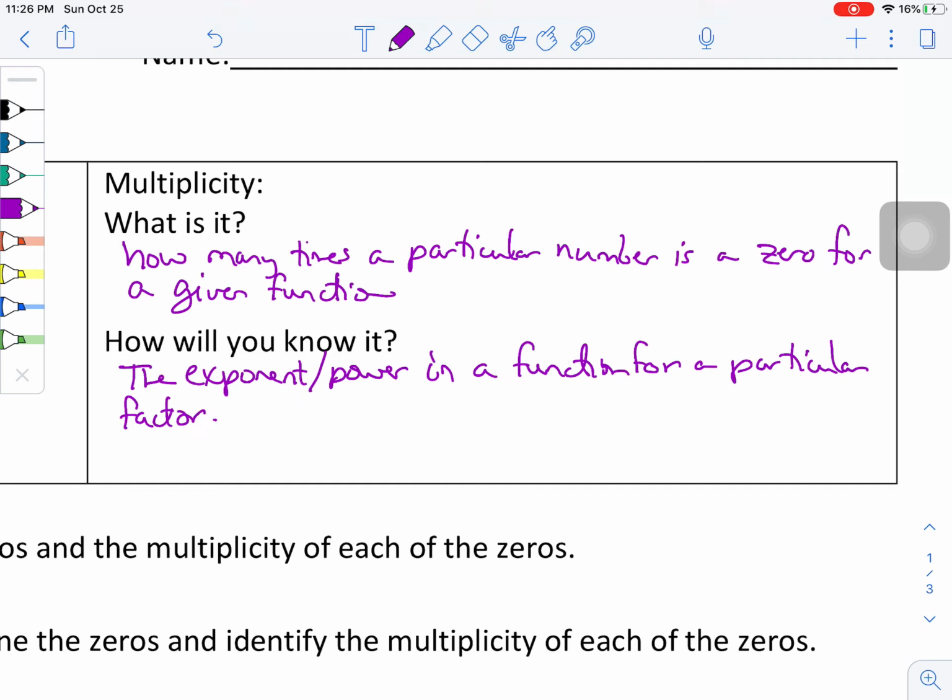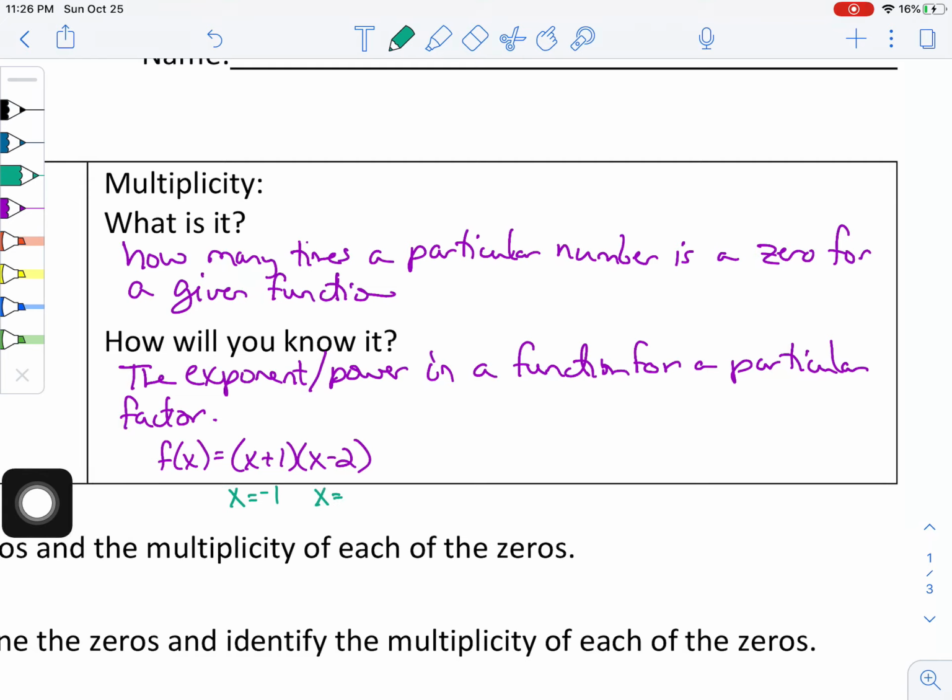So when we're looking at a function, if you have, let's say, f of x is equal to x plus 1 times x minus 2, this factor would turn into a zero of x equals negative 1. And this factor would turn into x equals positive 2.